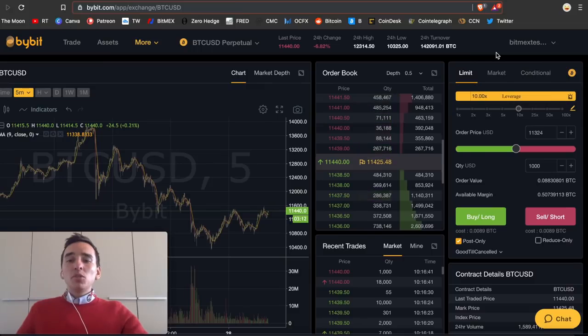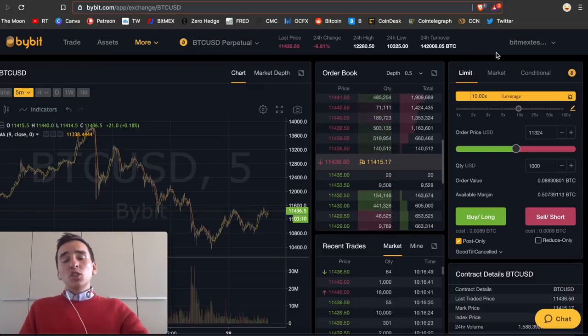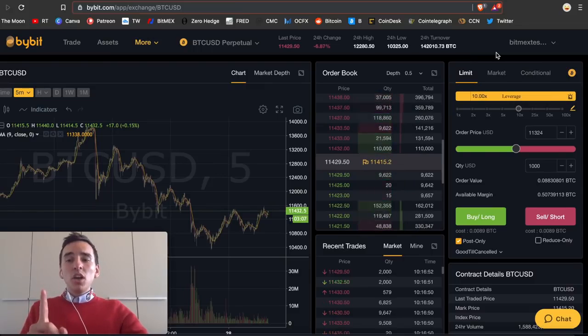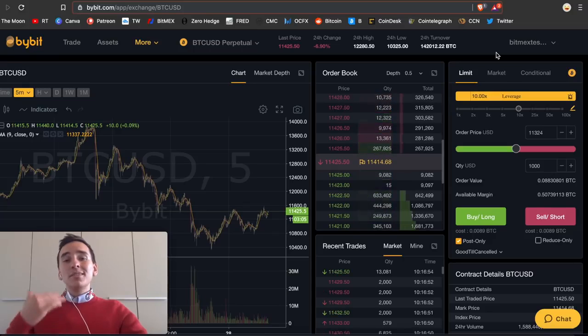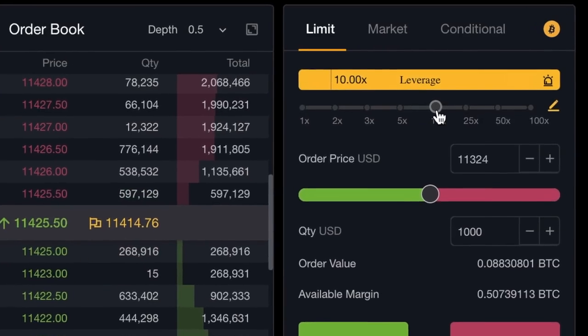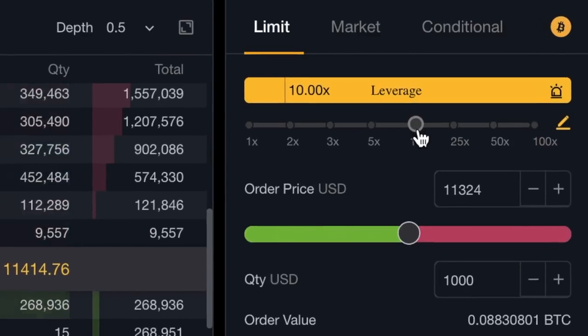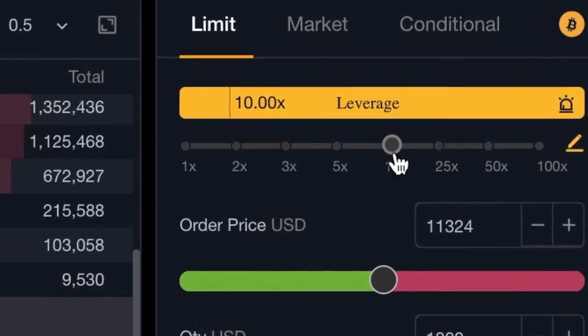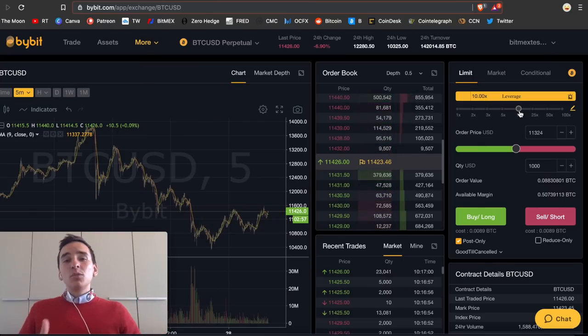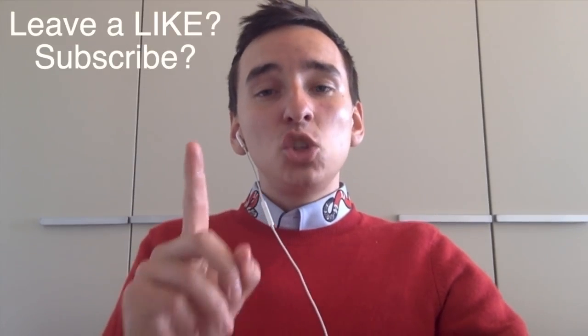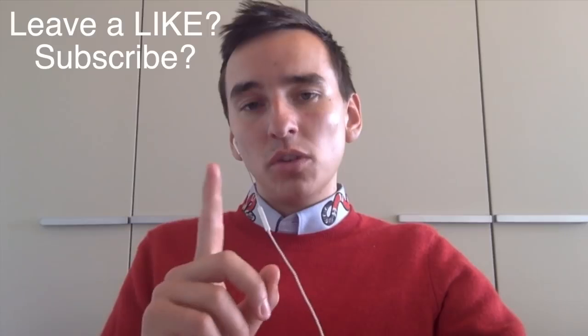First of all, I am assuming that you have a basic understanding of what leverage trading is, but I'm just quickly going to explain it here. If you deposit 1 Bitcoin, you can actually borrow an additional 9 Bitcoin, for example, and go on 10x leverage, and this way you will control a position worth 10 Bitcoin instead of just 1 Bitcoin. This means that if the Bitcoin price moves up 1%, you will make 10% on your trade.